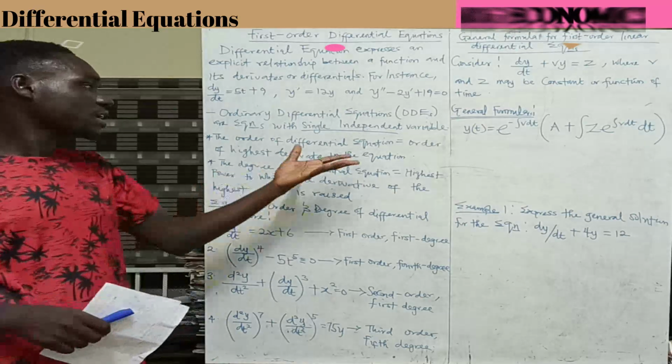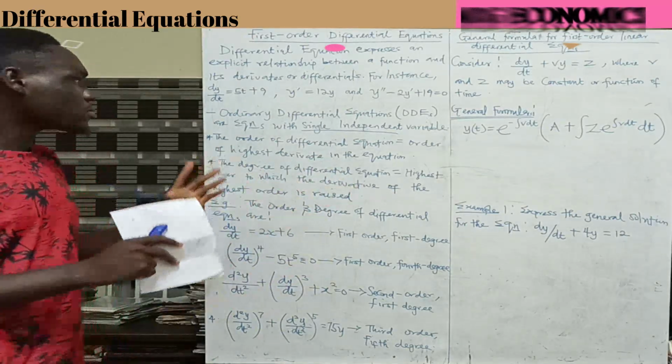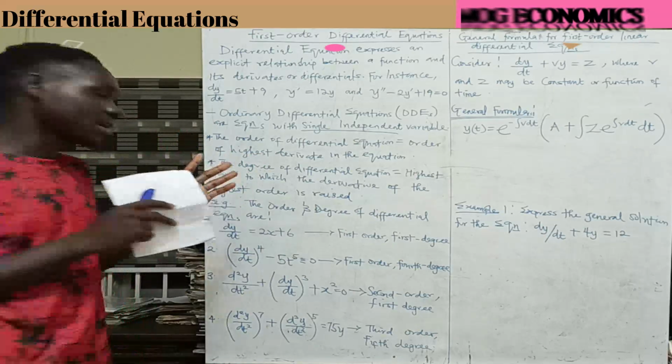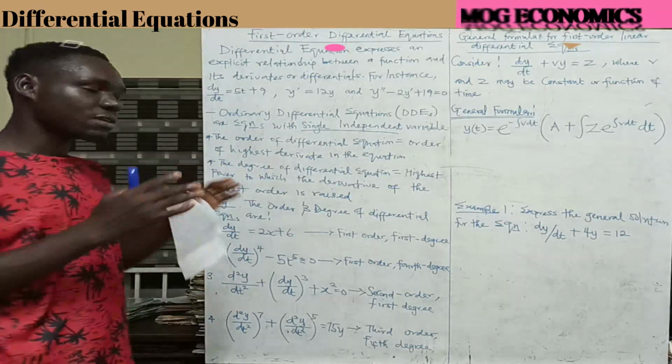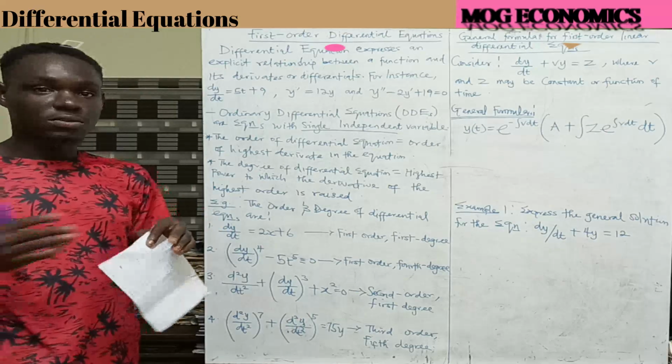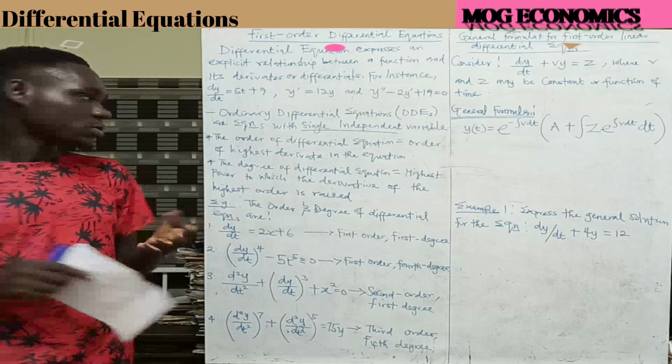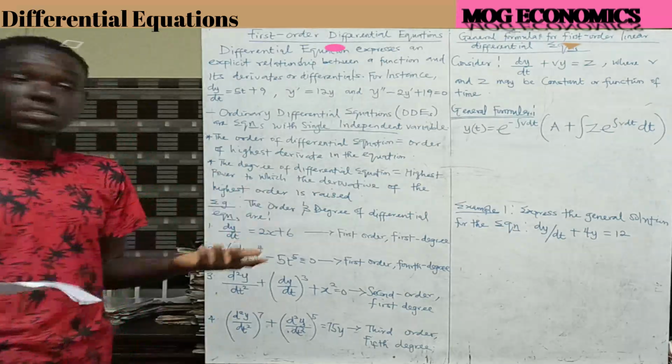Now we need to get familiar with some terms at this point. We need to get familiar with what we mean by the order of a differential equation and the degree of a differential equation. Now what do we mean by the order of a differential equation?